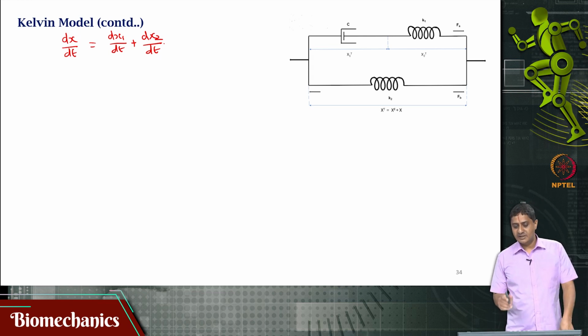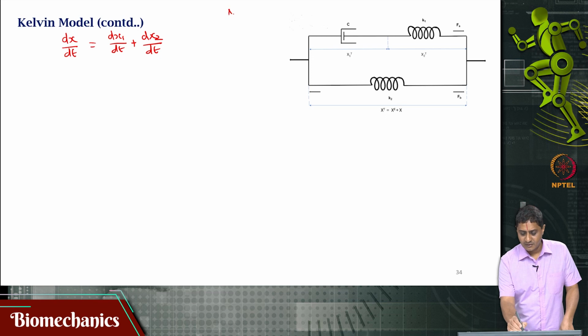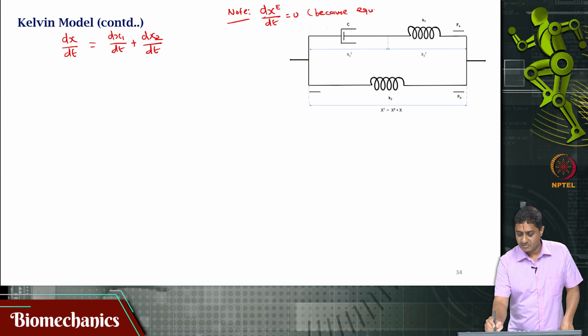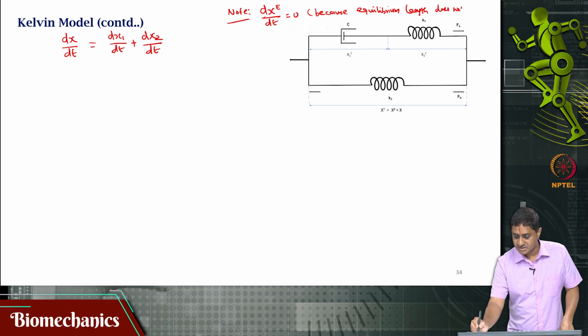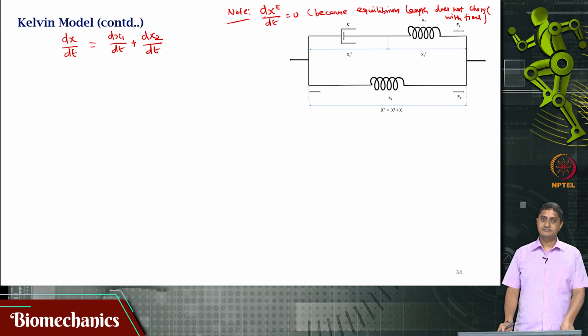Once again, let us note dxe by dt is 0 because the equilibrium length does not change with time.